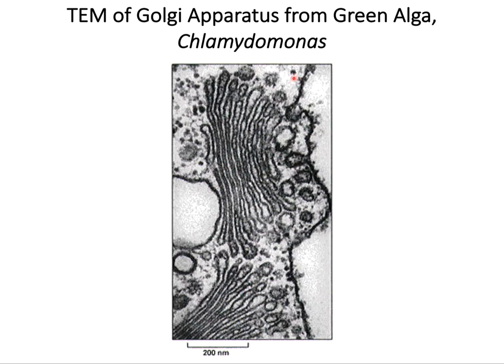You can see very clearly the well-developed flattened stacks of these vesicles right here. And this is the cis face of the Golgi, and this is the trans face of the Golgi. And you can see that these are the vesicles which bud off the cisterna and move on to the next one into different stacks from cis to trans face.